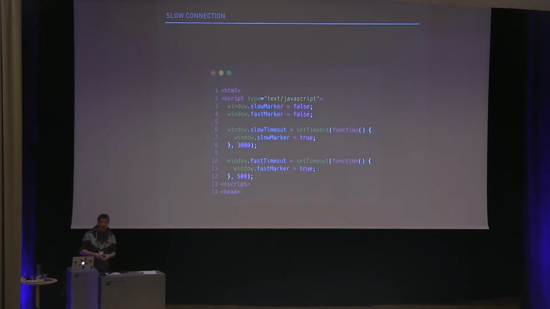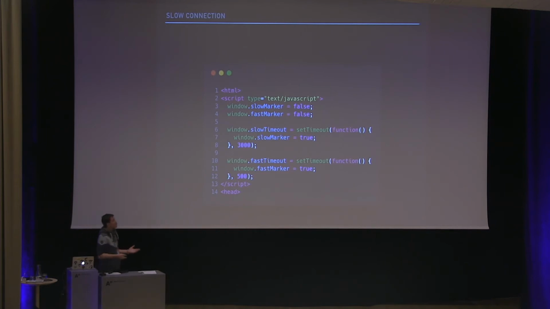So how does it look in your index.html file? I just, for example, used 2 markers and 2 timeouts. The first one, I call it the slow timeout because it waits 3 seconds. The second one just waits 500 milliseconds.